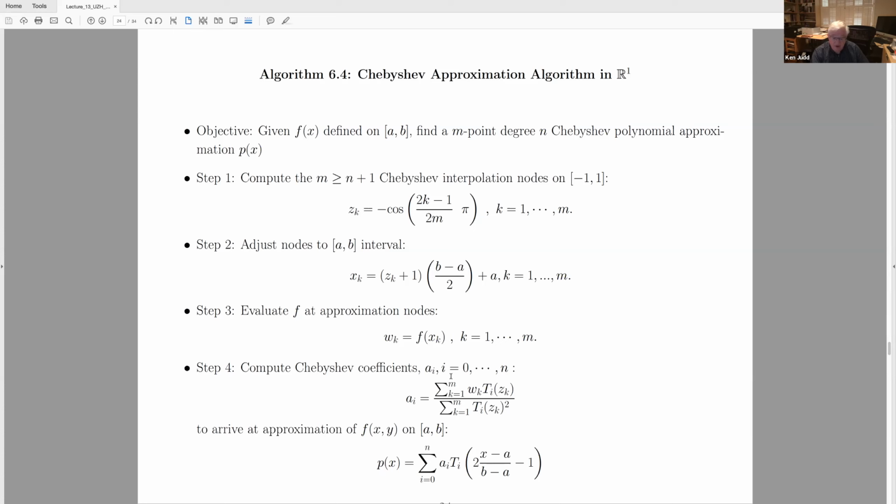You take the covariance of the Y's with the Chebyshev polynomials and divide by the variance of the Chebyshev polynomial. Again, it's nothing more than just regressing the data on each individual regressor. And then you end up with this approximation on the interval AB.